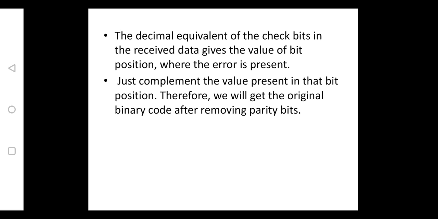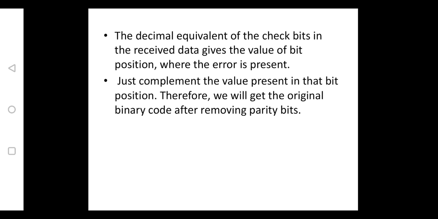Among these 7 bits, first find out the positions. In the 7 bits, the first 3 bits are data bits, that is 110 is the data, and the parity bit is the next bit P3, which is 0, and the next is a data bit, which is 1, and the next 2 bits are parity bits, which are 10.